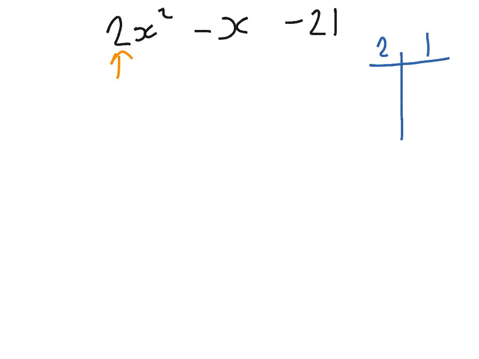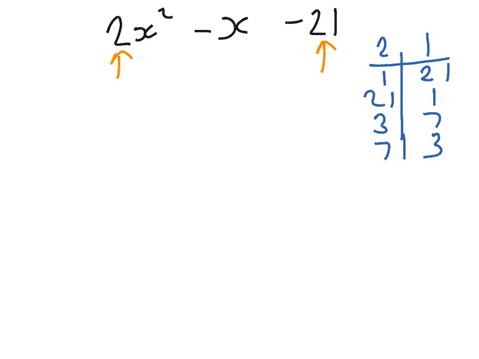Next, we're going to need our pairs that are going to multiply to make 21. So we have 1 multiplied by 21, 21 and 1, 3 and 7, 7 and 3. And so there aren't any more options there for us.